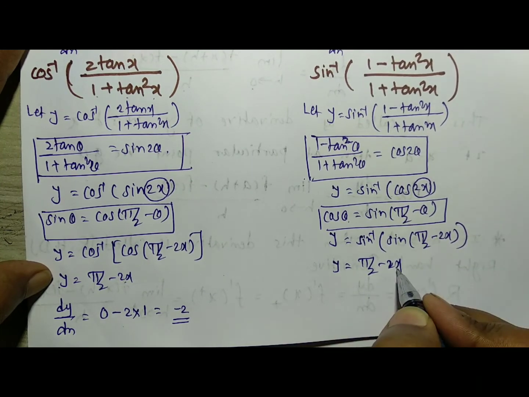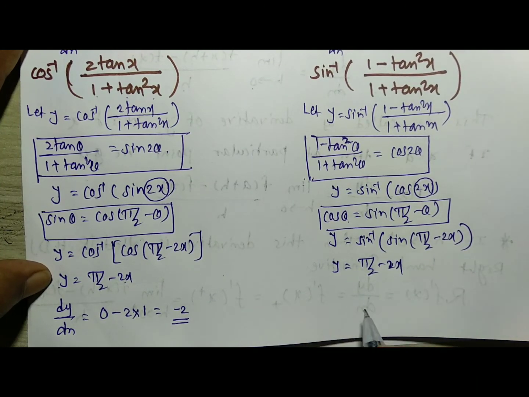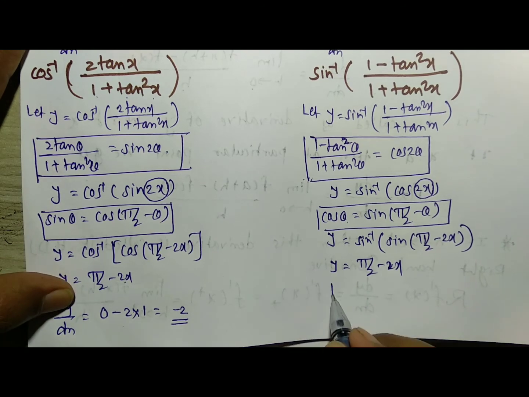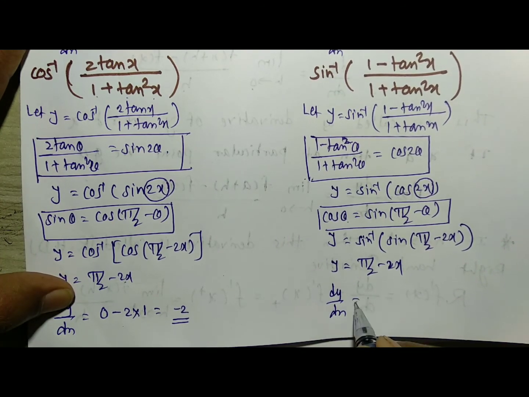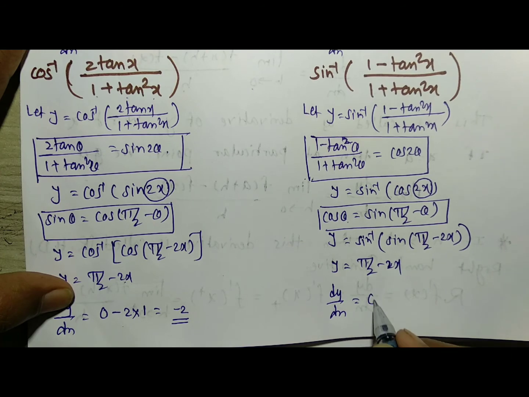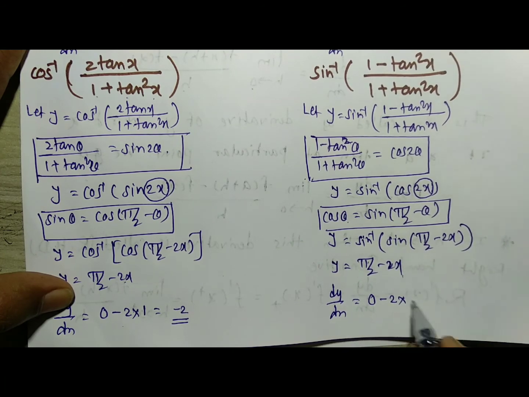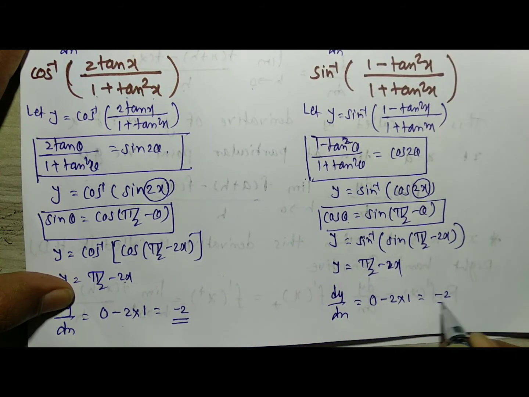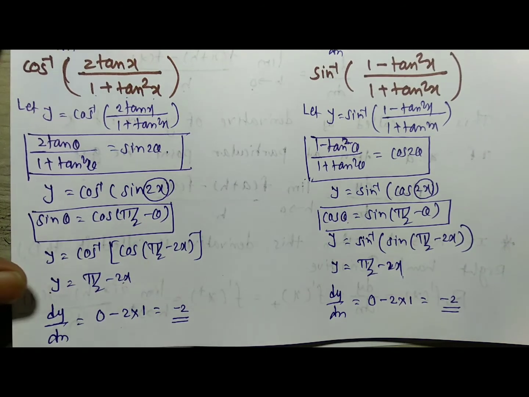Once again y is a function of x, therefore dy/dx is equal to the derivative of pi/2, which is 0, minus 2 into the derivative of x, which is 1, therefore minus 2 is the derivative of that function.